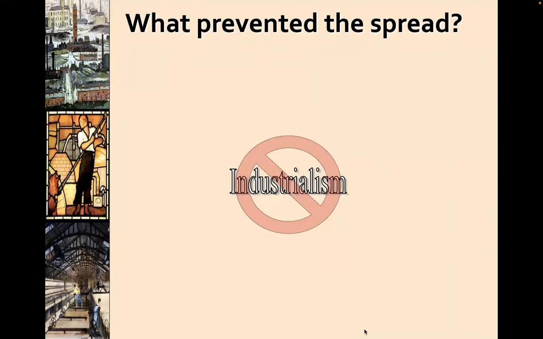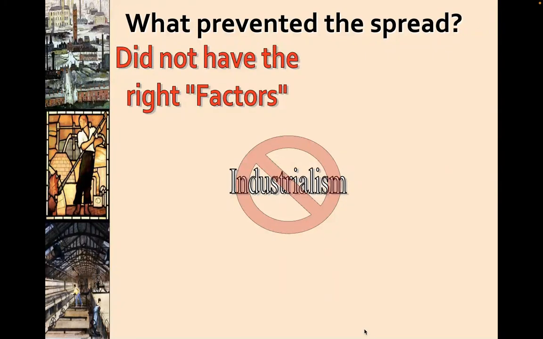So when we look at why the Industrial Revolution did not spread prior to 1815, well, there's many reasons. One is that all the other nations of the world did not have the right combination of the factors of production. They might have had the land resources of coal and iron, but they didn't have the linkages such as canals or other things that would provide access to them.